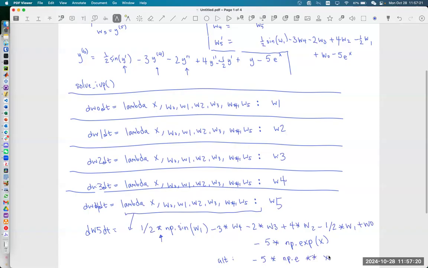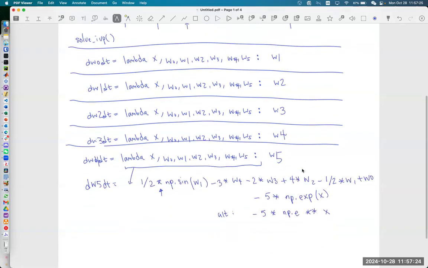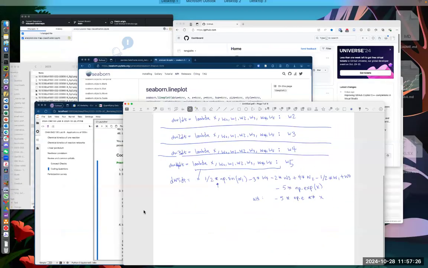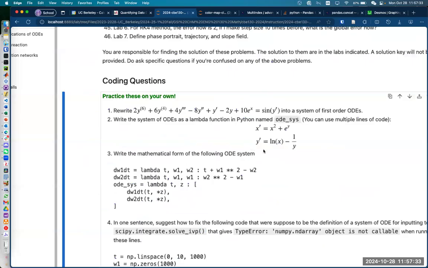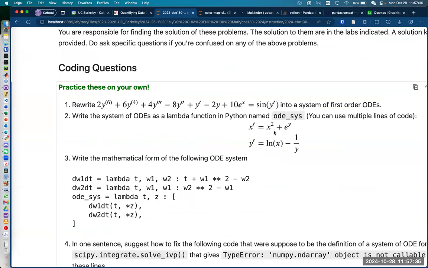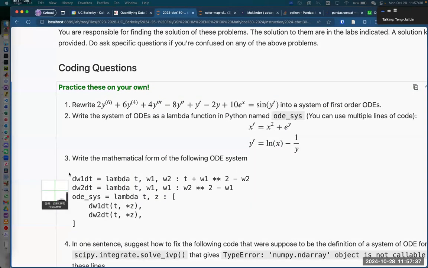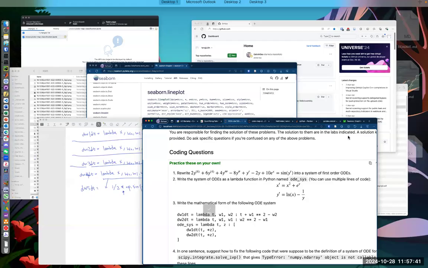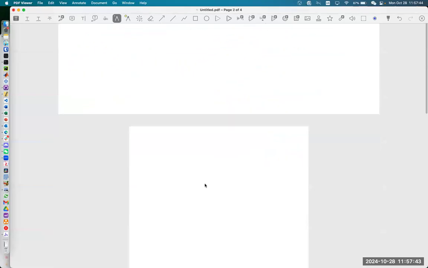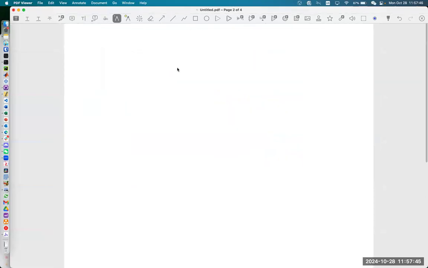Okay, any questions? These are hard examples, and if you can do the hard examples, you can do the easy ones on the exam. Here I also have two other ones. You can write this in terms of lambda functions. Let's also look at this one. It's a reverse problem: given the code, can we write it as a math function?